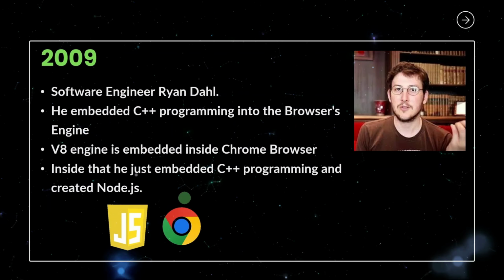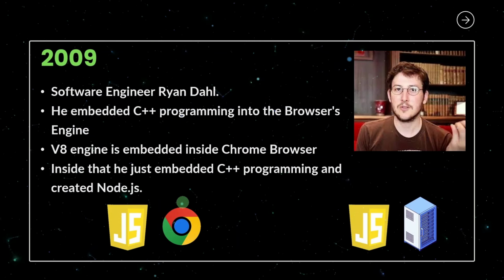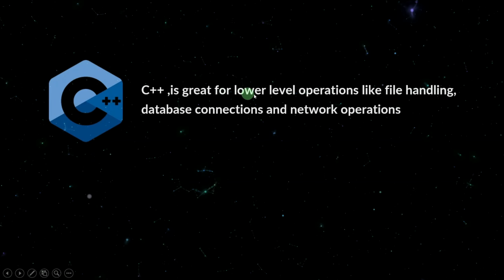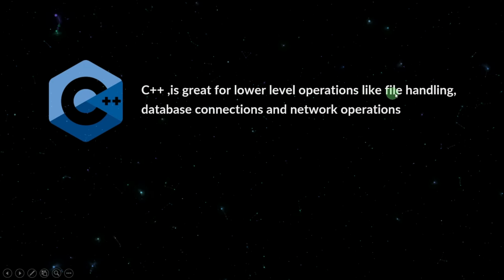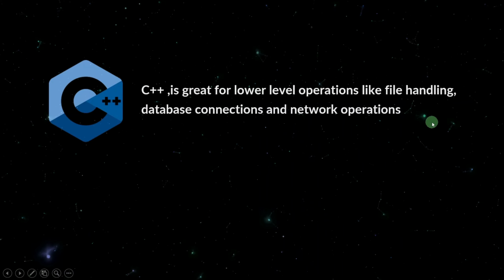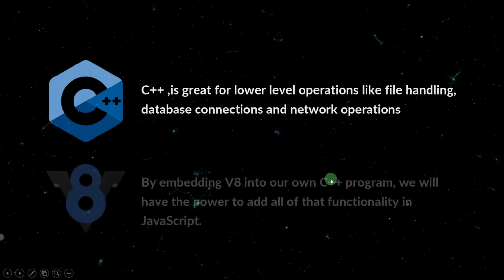Apart from running inside the browser, JavaScript can now run outside the browser. And maybe you are already aware that C++ is a great language for low-level operations like file handling, database connections, and network operations. All this is not possible in JavaScript.